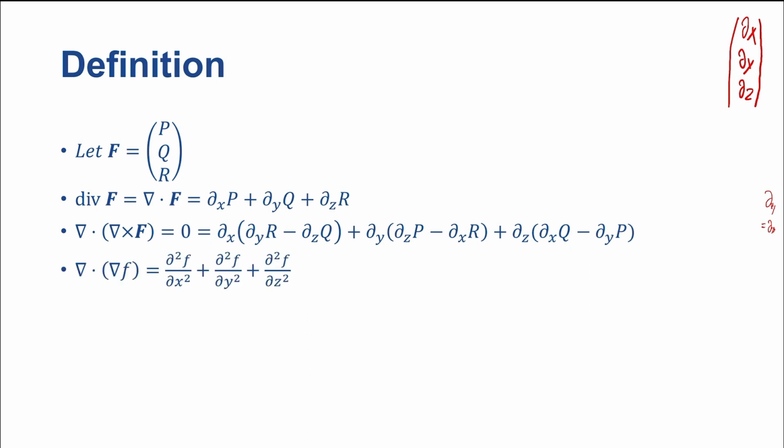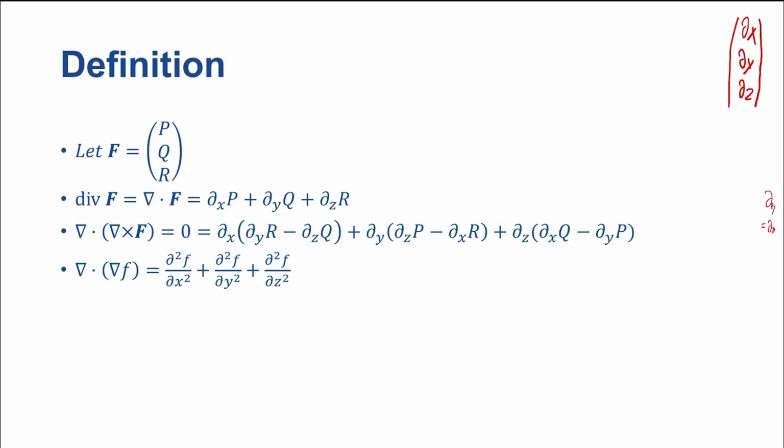So another interesting thing we can do is try dotting the, so this is interesting. If I have the gradient of a scalar function, I get a vector function. And then if I take the divergence of that, if I dot the gradient or nabla operator in once again, I will get a scalar function.